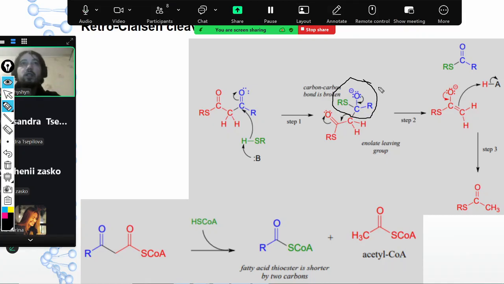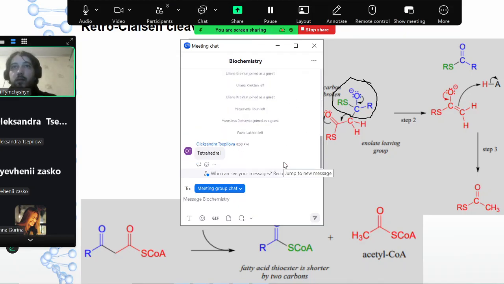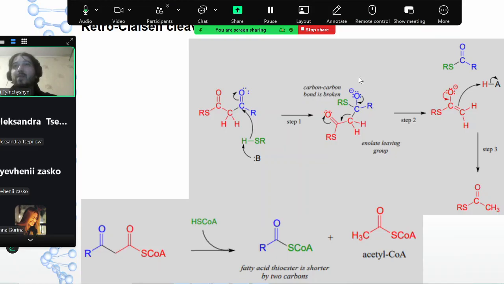What kind of intermediate is this? Yes, tetrahedral intermediate. Absolutely correct. Yes, really good. You remember that. So here is a tetrahedral intermediate, and here we have this oxygen with some acquired negative charge.